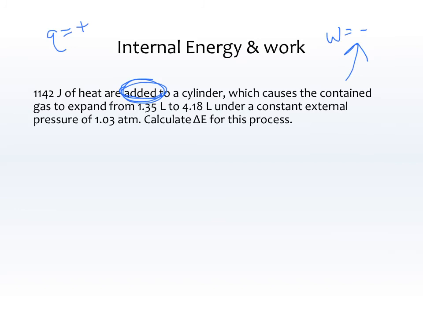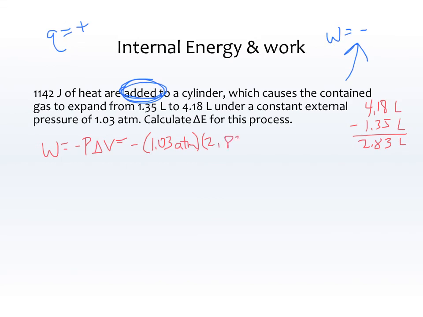Let's look at work first. Work is going to be equal to negative P delta V. Delta V is 4.18 liters minus 1.35 liters equals 2.83 liters. Okay, so this is going to be negative 1.03 atmospheres times 2.83 liters.